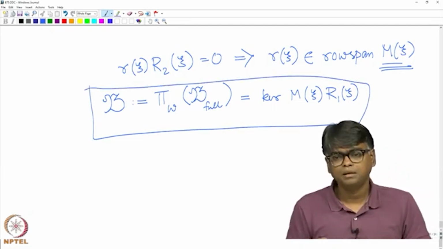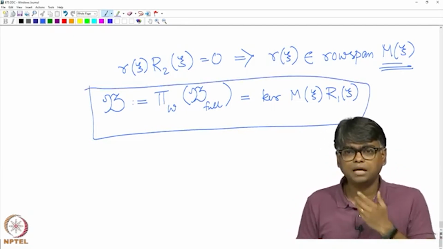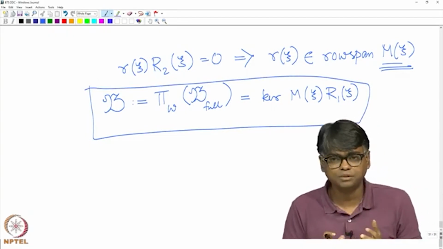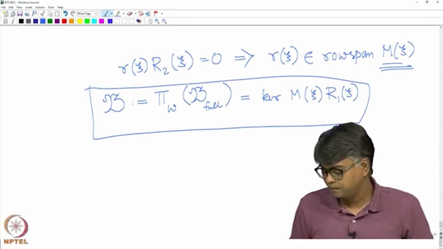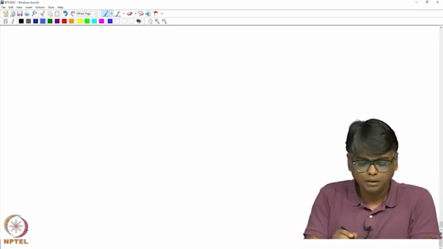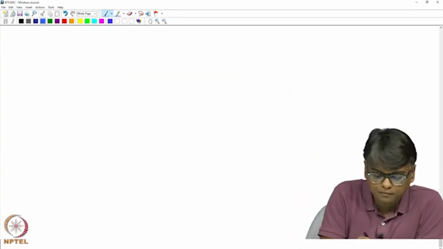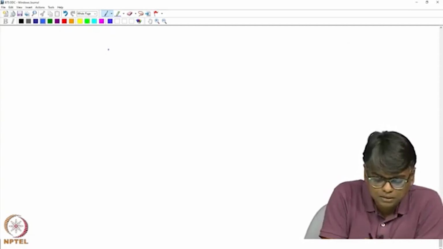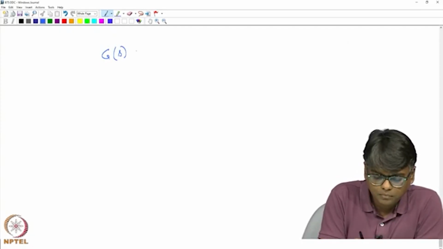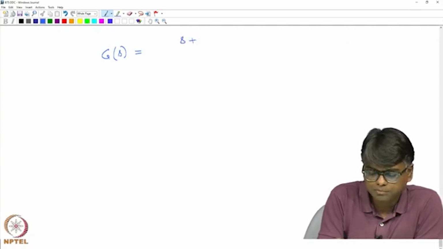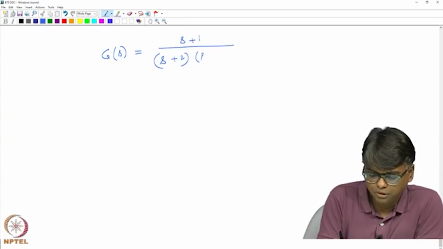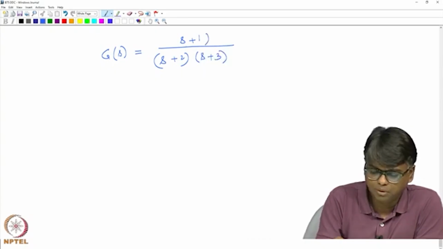Okay. And we looked at one particular example to show how this process actually works. If I am not mistaken, we looked at a transfer function given by (s plus 1) divided by (s plus 2)(s plus 3), a very simple one.